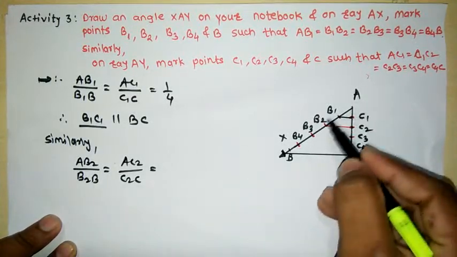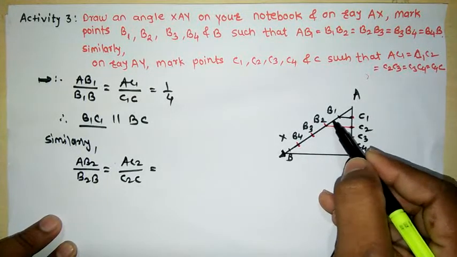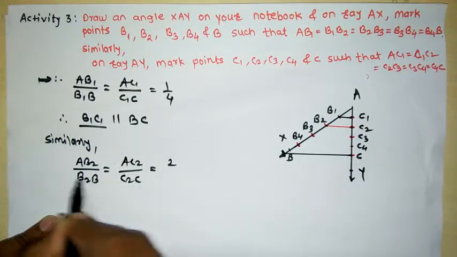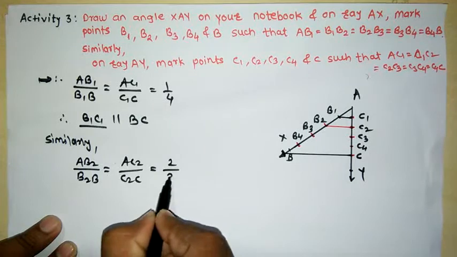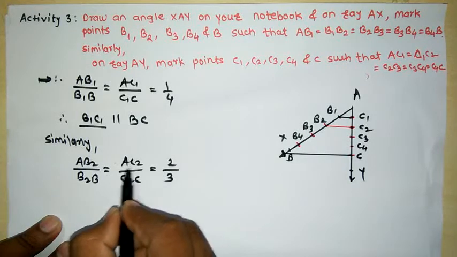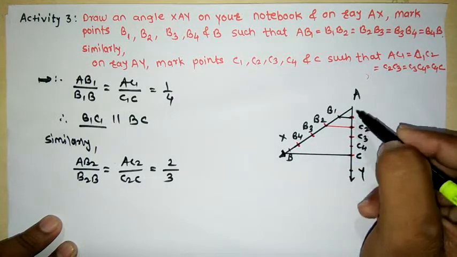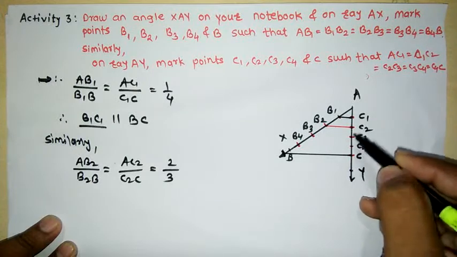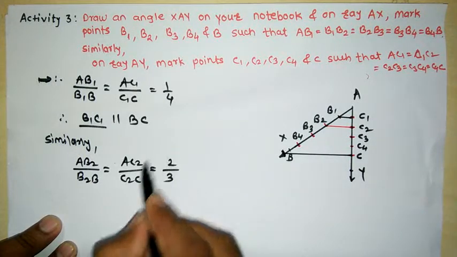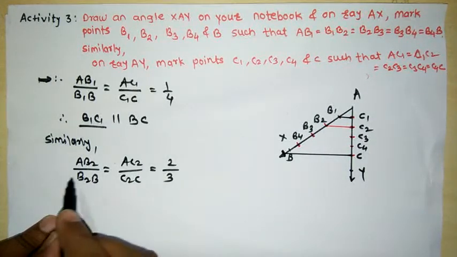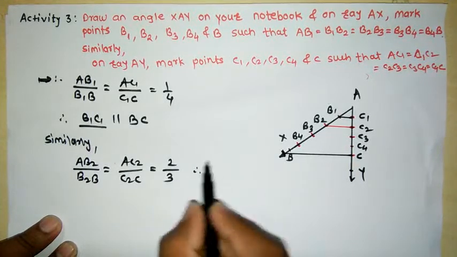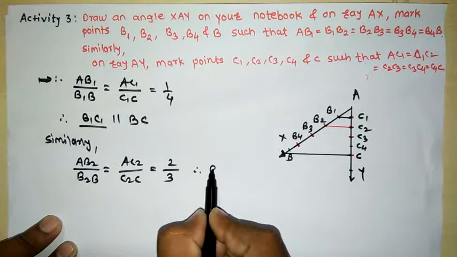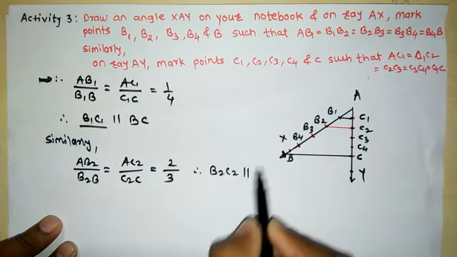See here, AB2, how many parts are there? 1, 2 parts are there. Write 2 here. B2 to B, 1, 2, 3 parts are there. That is 2 by 3 we got. You can also check for AC2: this is 2 parts, and C2 to C is 3 parts. Therefore, we will get 2 by 3. Both the ratios are 2 by 3. Therefore, you can say that B2C2 is parallel to BC.